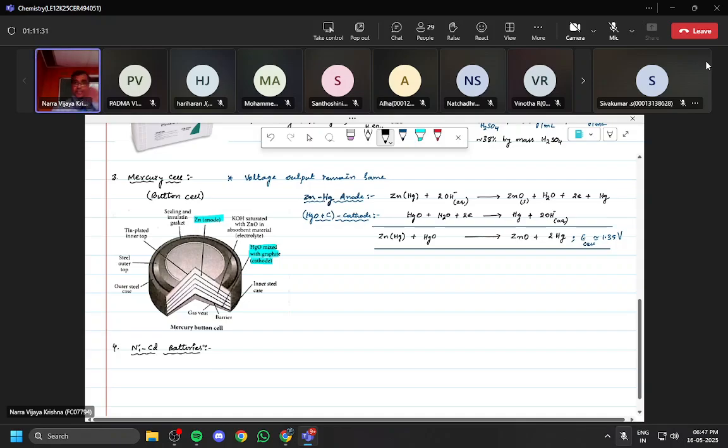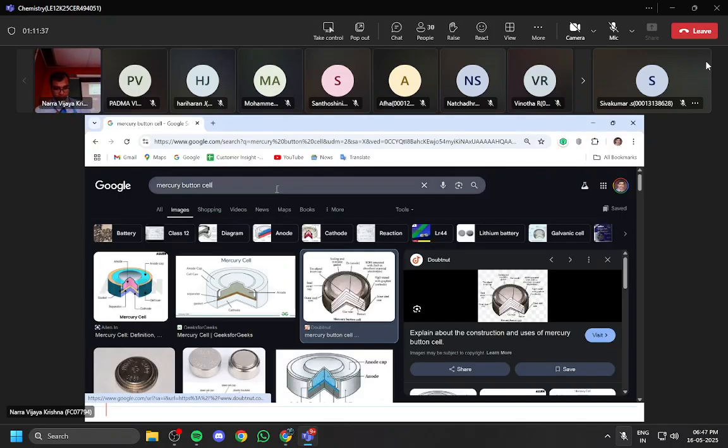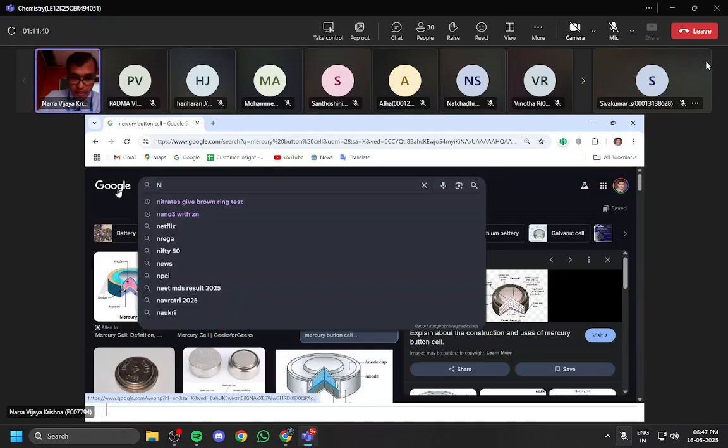It will have different layers. Let me take the image. Nickel cadmium batteries.